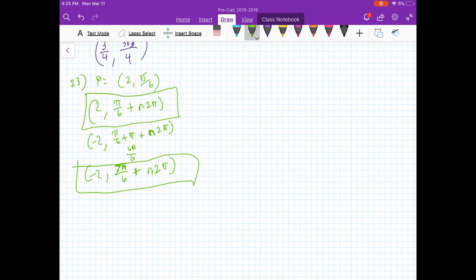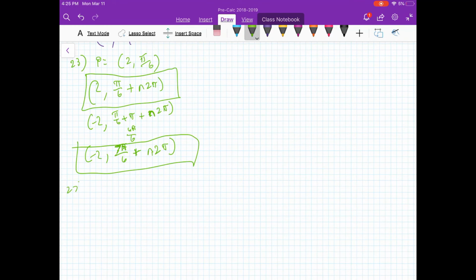Alrighty, so that's 23. Number 27 gives us these rectangular coordinates, and asks us to find the polar coordinates of P. For A, theta is greater than or equal to 0 and less than or equal to 2 pi.